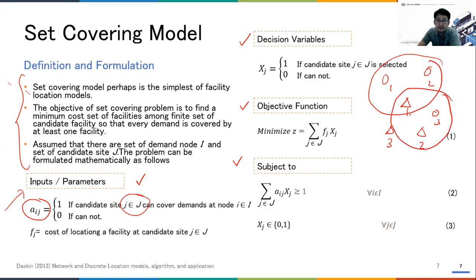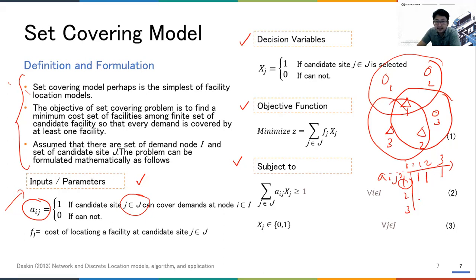So the matrix Aij, here is 1, 2, 3, and here is 1, 2, 3. The value of 1 means that it is covered by that particular facility. This one is I, this one is J. Facility J1 covers demand 1, yes, it is covered. Does it cover demand 2 or not? Yes, 1. And demand 3, yes, so 1, 1, 1.